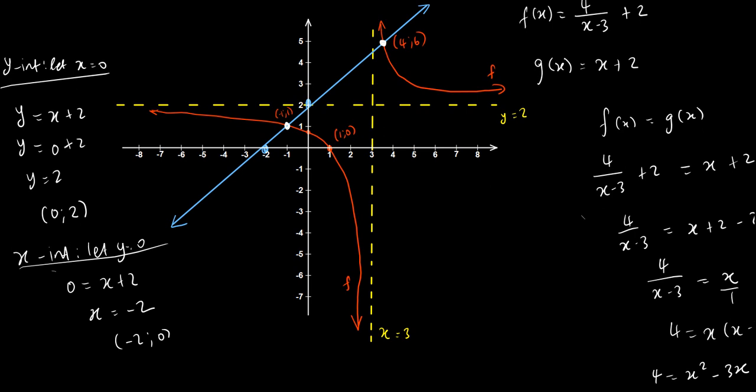But how do you find 6? How do you find 1? Because we know x is -1 and x is 4, you can just substitute either in this graph or in that one. If you substitute -1 here, you get y as 1. That's why here we have 1. If you substitute 4 here, you get 4 plus 2, which gives you what? 6. That's why the point there is 4 and 6.